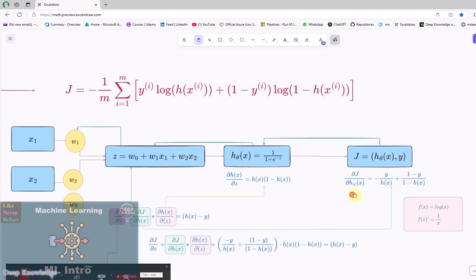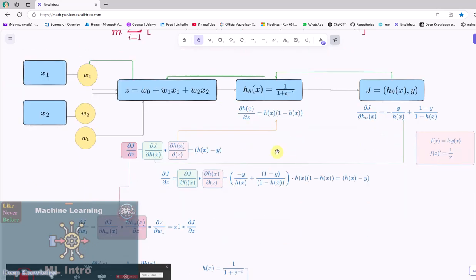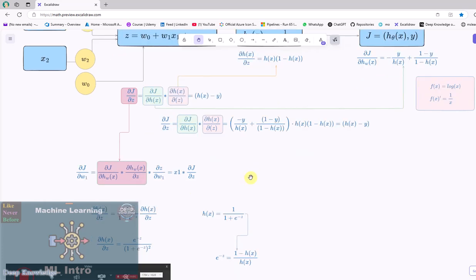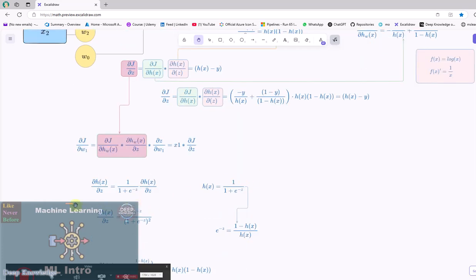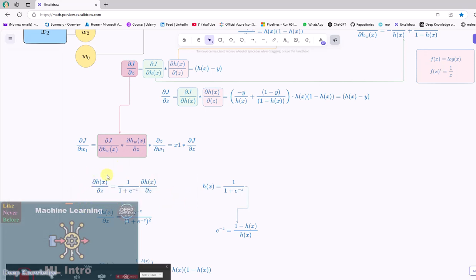Now we need to derive h0 with respect to z. So for instance, this is the formula here. What is the derivative of this? You can derive it by yourself, or so this is the derivative of the sigmoid function. This is the sigmoid function, and this is the derivative of the sigmoid function.